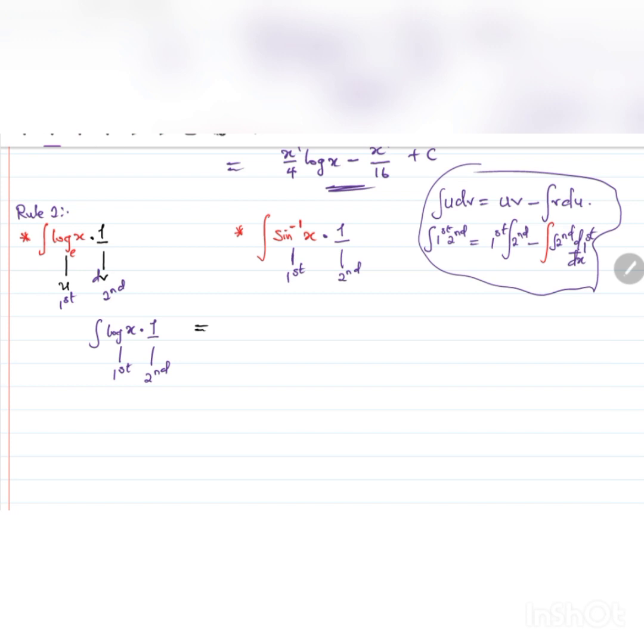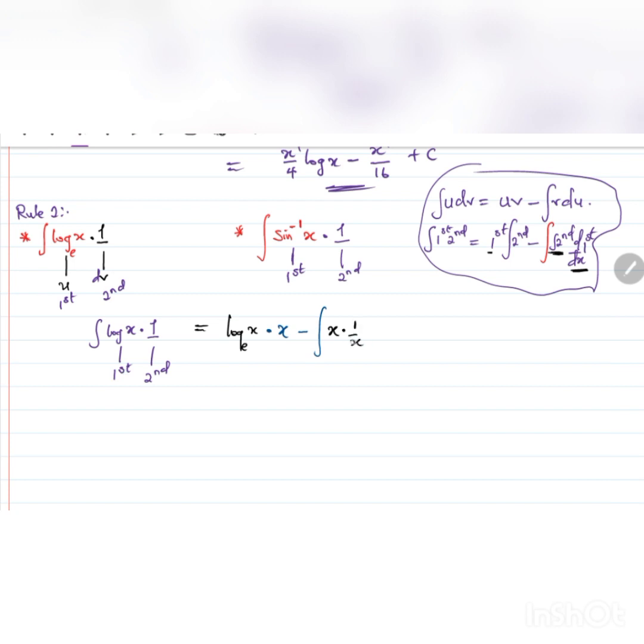Now applying that, our answer is equal to the first function, log x base exponential, times the integral of the second function. If I integrate the second function, which is 1, I have x with respect to x, minus the integral of the integral of the second function, which is still x, times the derivative of the first function. If you differentiate log x, you have 1 over x.